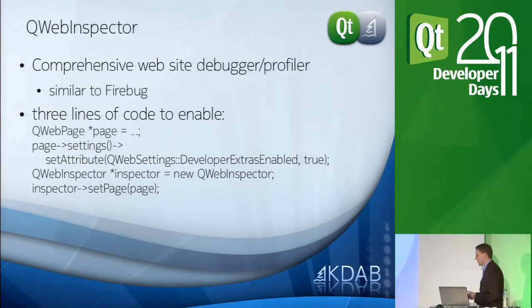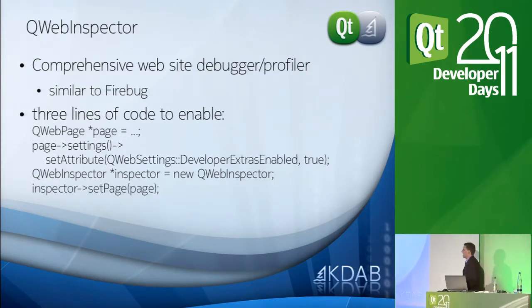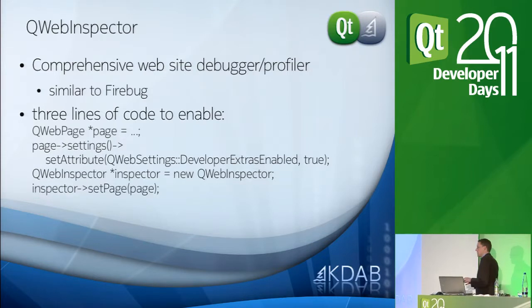The other one is QWebInspector. That's basically similar to Firebug, which is, I think, much more known than the Web Inspector. That's a very, very comprehensive suite for debugging and profiling web pages.